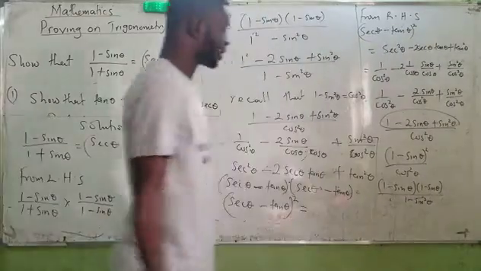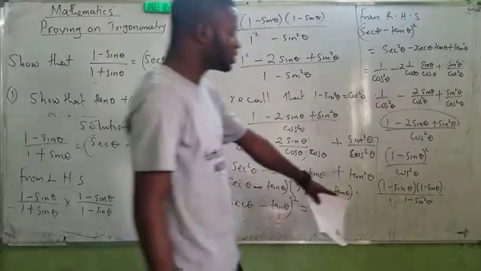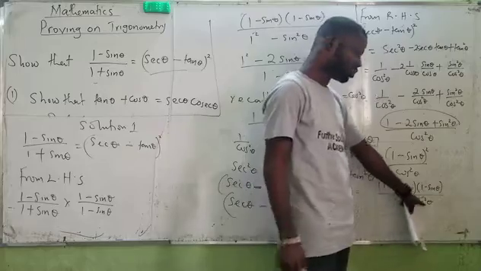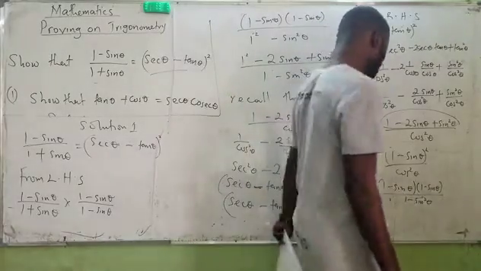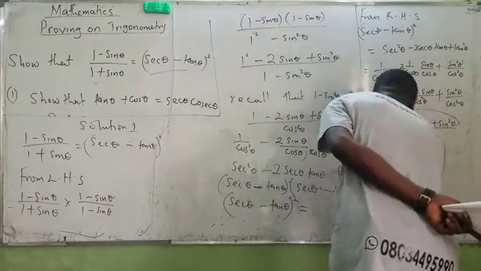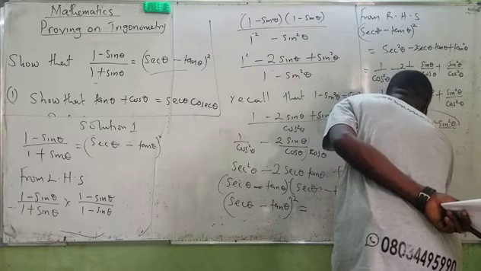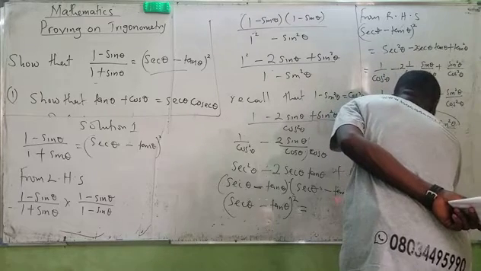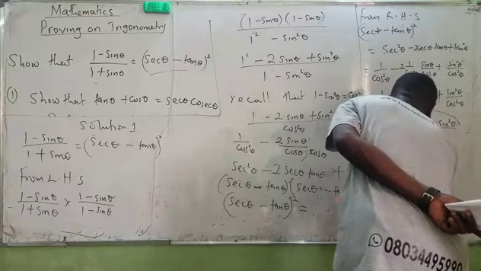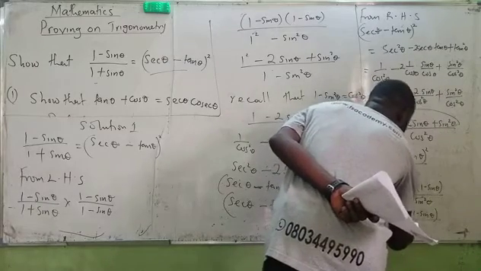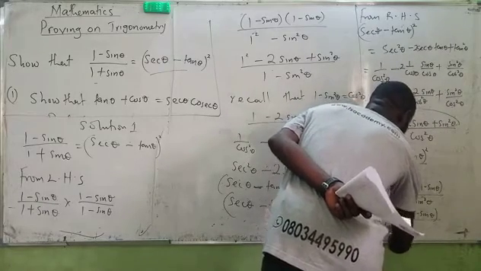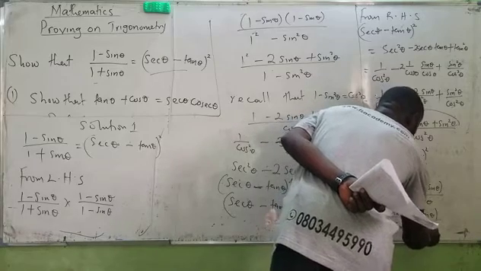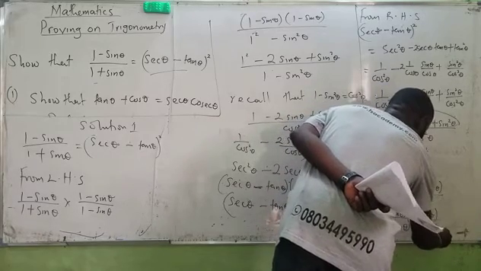Now, can you see? What is here is known as difference of two squares, which I will have as 1 minus sine squared, 1 minus sine, divided by 1 minus sine and 1 plus sine theta.